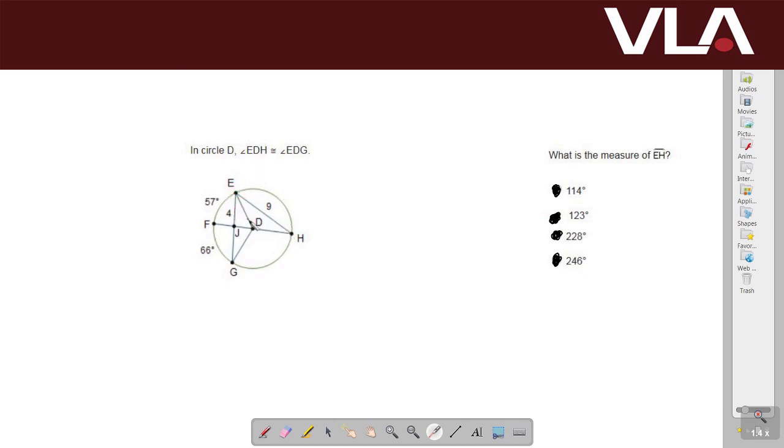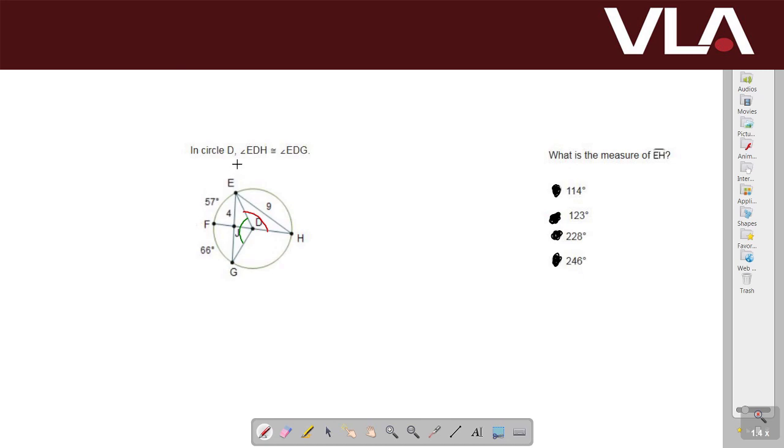This central angle is congruent to EDG, this angle. Let me quickly mark those. EDH is that angle, and EDG is that angle, and they are congruent. That means they're equal to each other in terms of their measures.